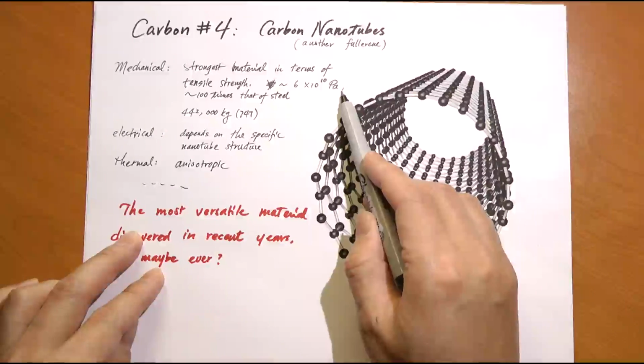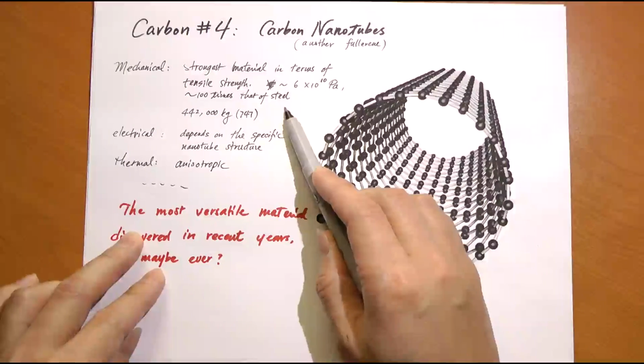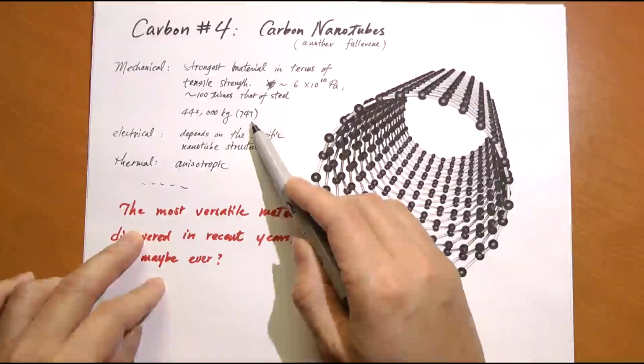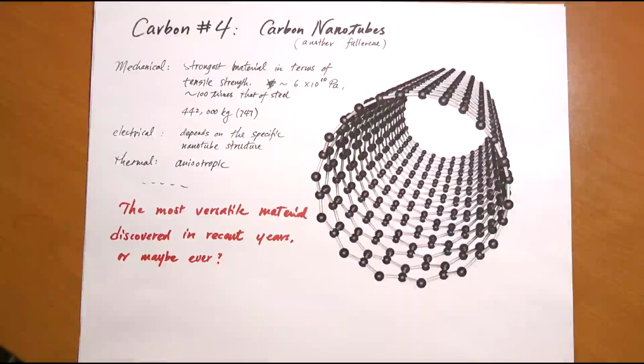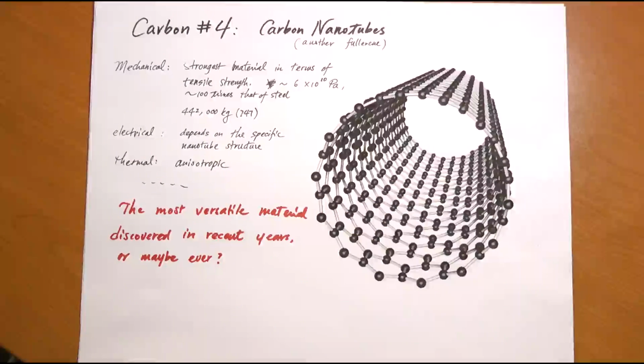What does that mean? It is 100 times as strong as steel. Okay? This number here, 442,000 kilograms, is the weight of a giant 747 jumbo jet fully loaded. It can take off at about this weight, maximum takeoff weight.